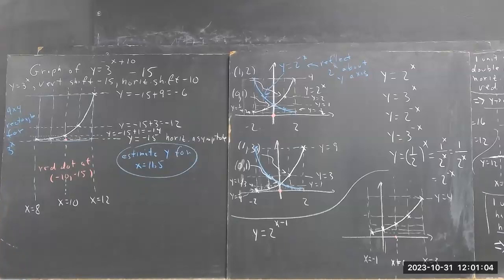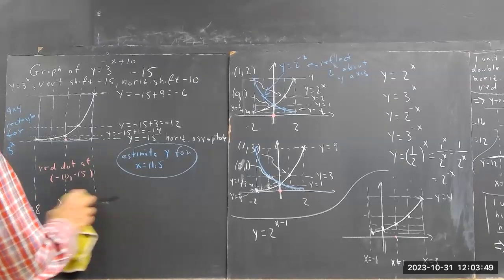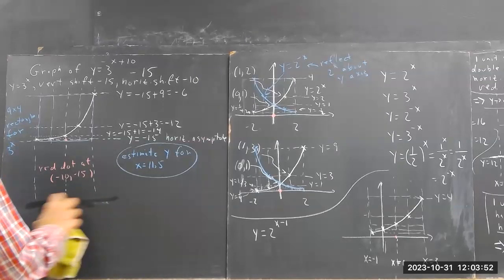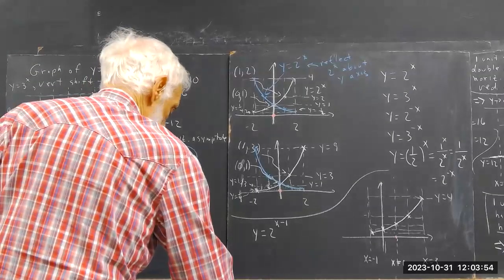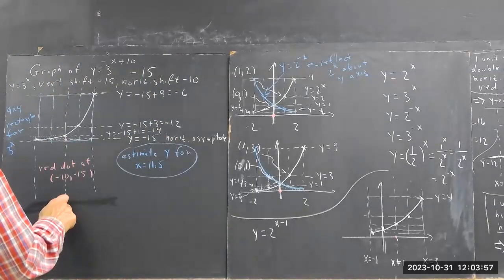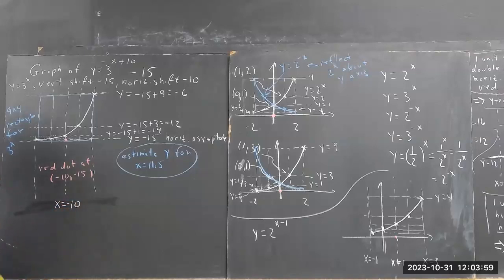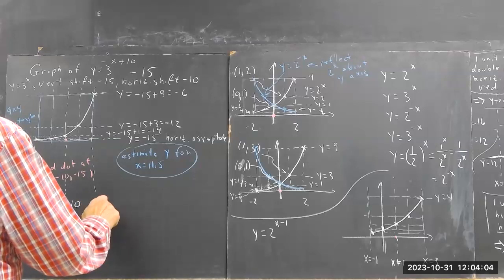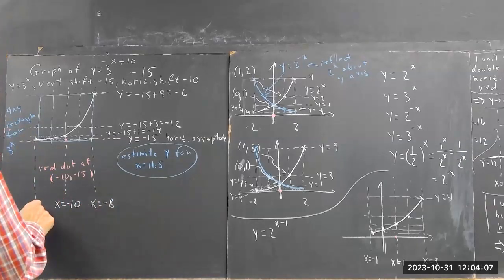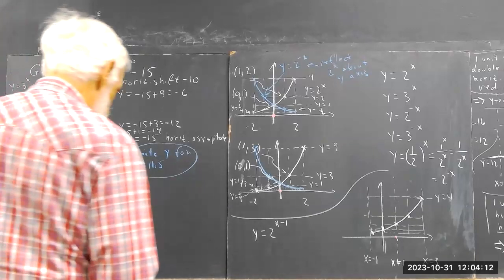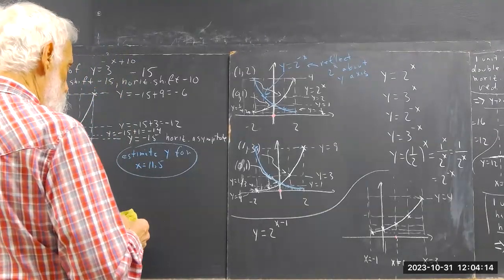So go ahead and digest that and see if you can make an estimate. Oh, my bad here. I carelessly labeled this line x equals 10. It'd be x equals negative 10, shouldn't it? If we go 2 units to the right, we get x equals negative 8. And over here, we get x equals negative 12. So I need to change my number here.